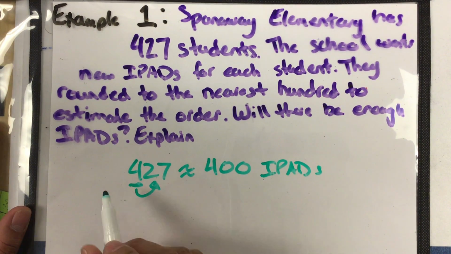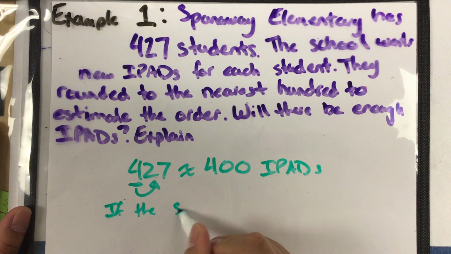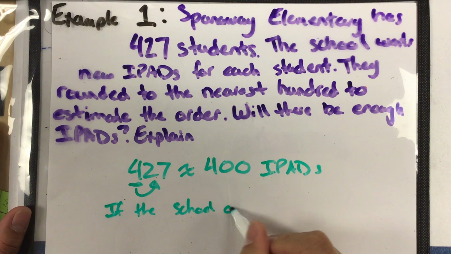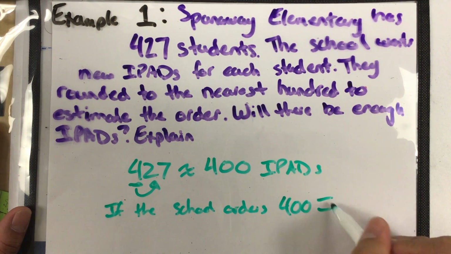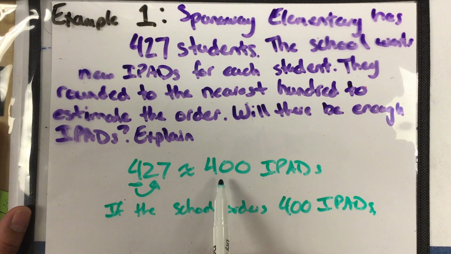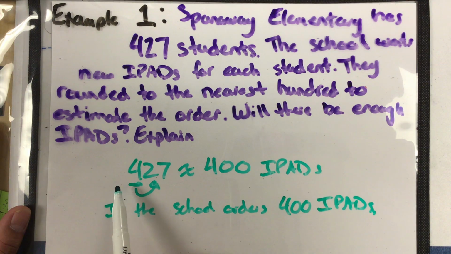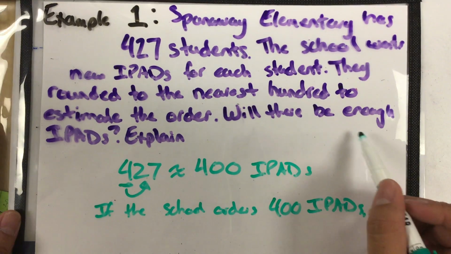Okay, so if the school orders 400 iPads, now I know that it's less than that number. So what's going to happen? There are students who are not going to have it. So how do I figure that out?